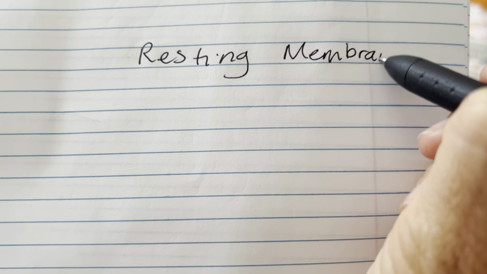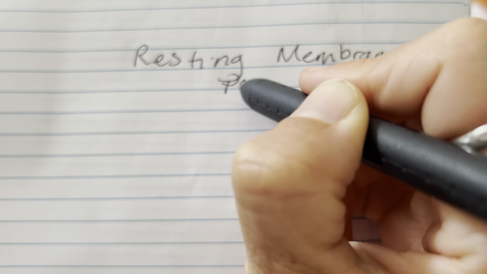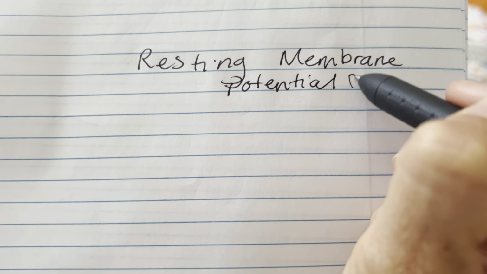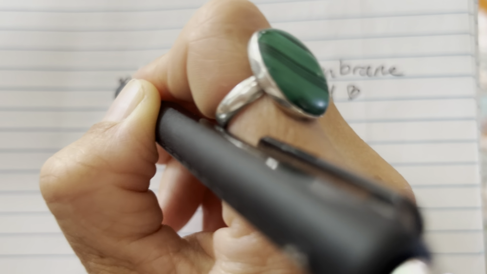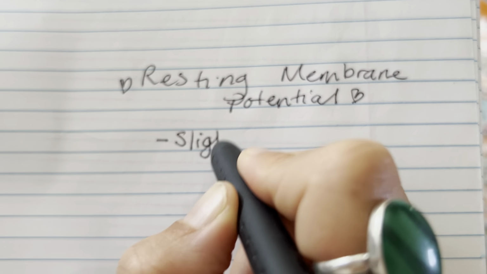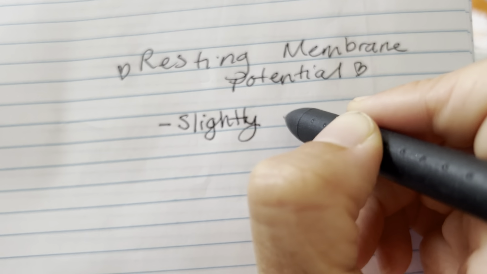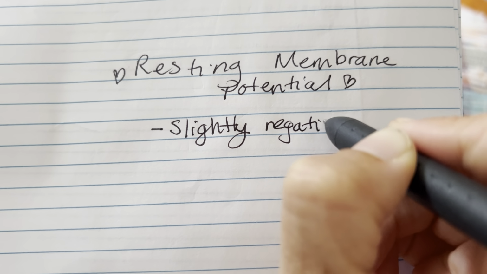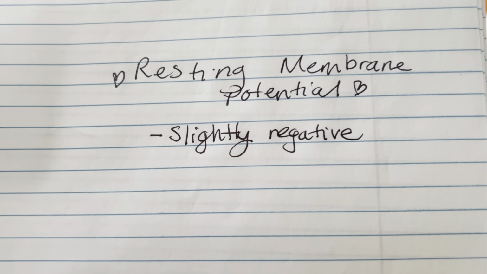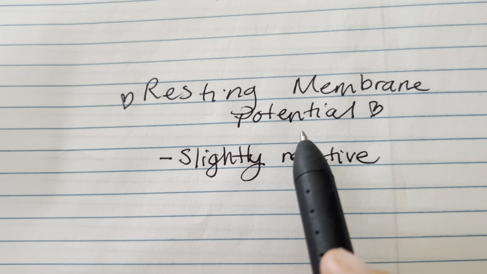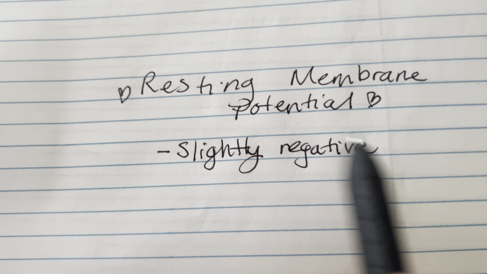And this means that the neuron is slightly negative. So that means that it's not going to fire unless it receives enough excitatory impulses. The resting membrane potential is needed because it keeps the cell slightly negative. That way it's not just always firing.